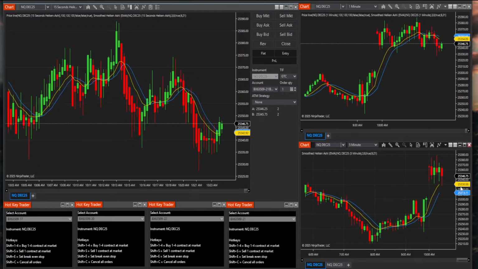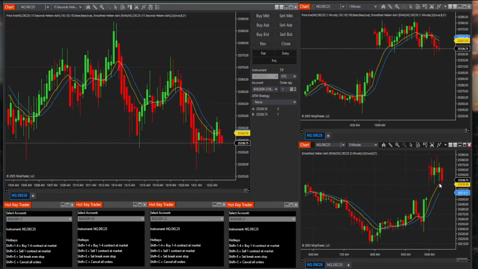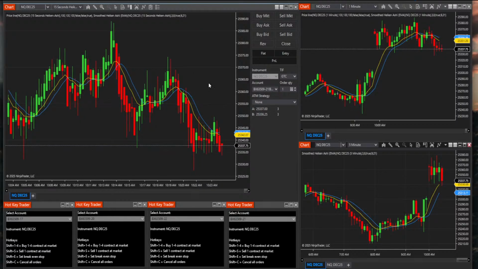We kind of bounced off the 330 right here, the open smooth line, and this blue line is the smooth Heiken-Ashi close for a 5 minute. So this is giving you a trend. Trend is to the upside, which obviously you can see that. But as you can see here on the 1 minute, the trend is to the downside. On the 15-second Heiken-Ashi, it's to the downside.